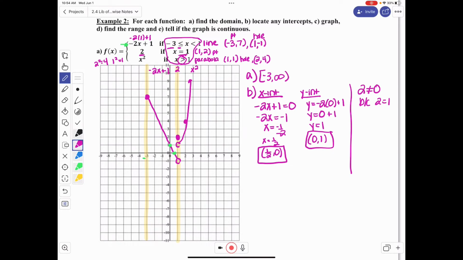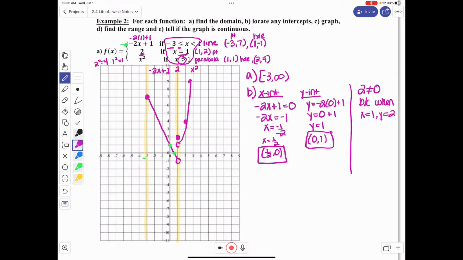Or, like at the y value of 2, the x is 1 for that. Let me redo that. That doesn't really make sense right there. But when x equals 1, y equals 2.